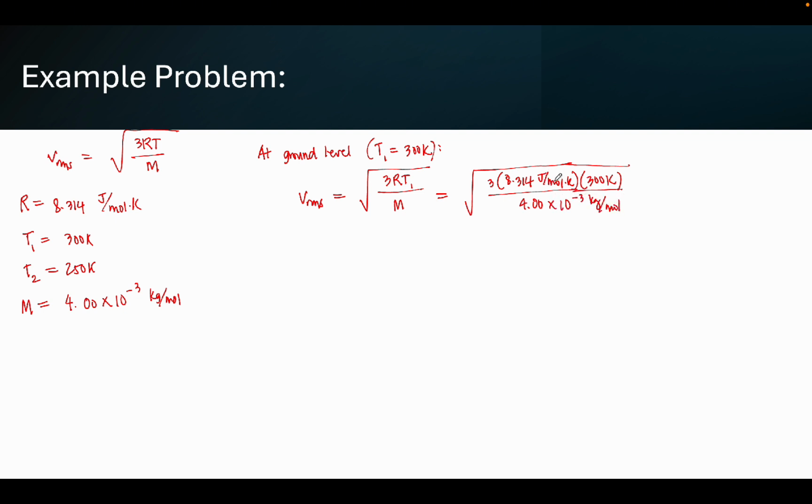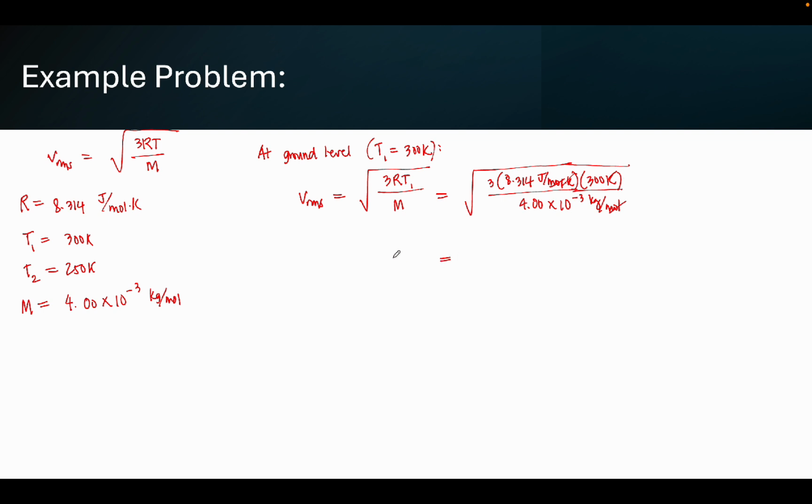So mole and Kelvin cancel out. So again, we have joules over kilogram, or it is just equal to meter squared per second squared. We derived this a while ago, the composition of joules, and then kilogram cancels, so what remains will be meter squared per second squared.